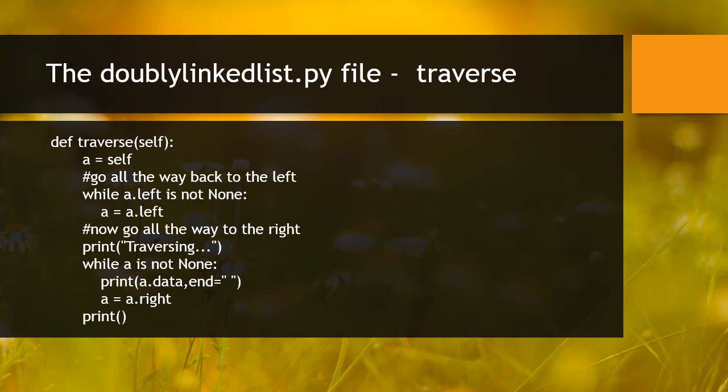This is what happens in the code. A is set to self and then we move A towards the left until it reaches the extreme left node of the doubly linked list. Then we start printing the elements of the nodes until we get to the extreme right node in the doubly linked list.